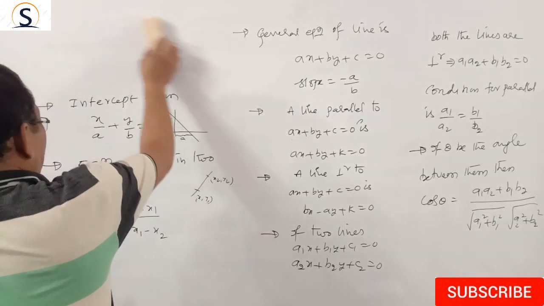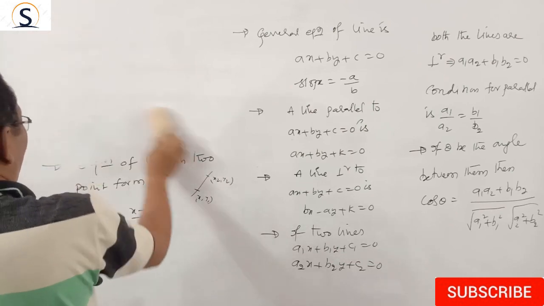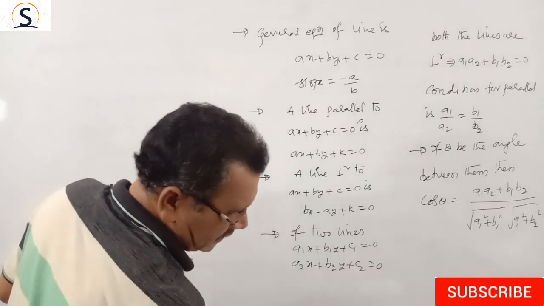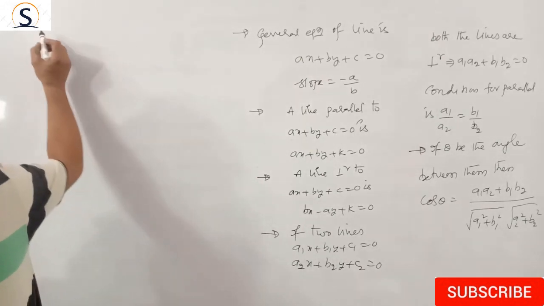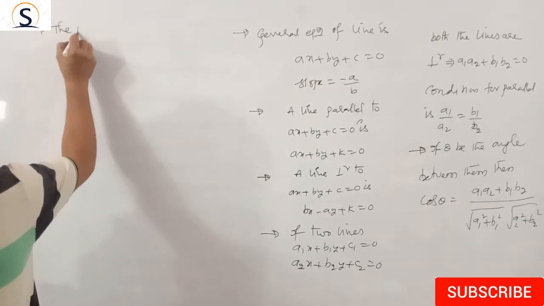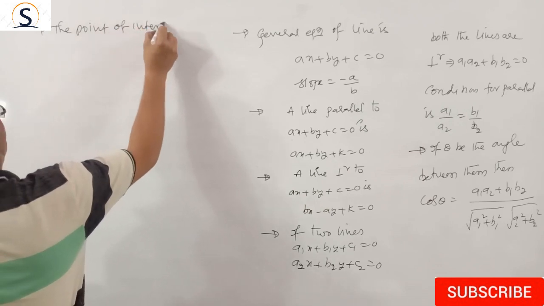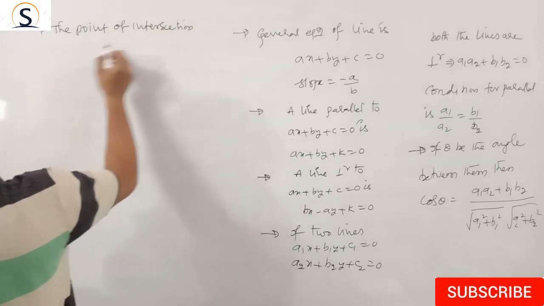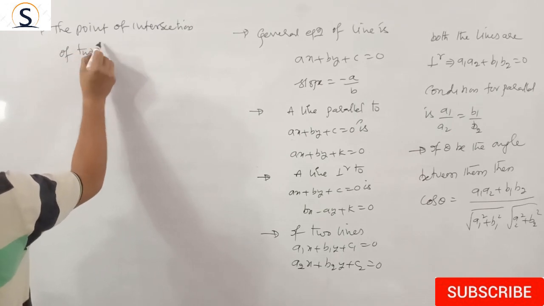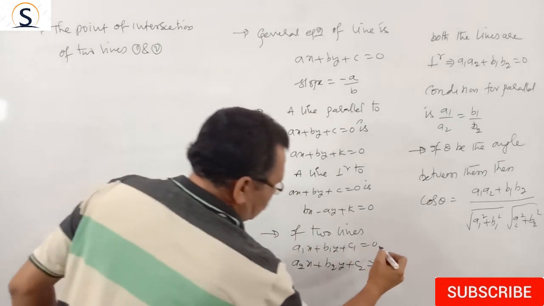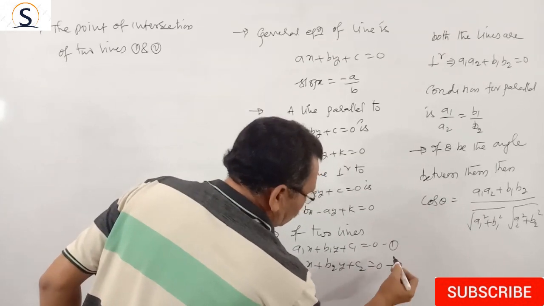Next, when these two lines are different, what is the point of intersection of the two lines? Now, the point of intersection of two lines, 1 and 2.